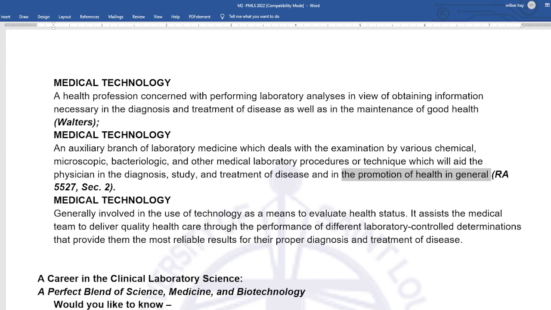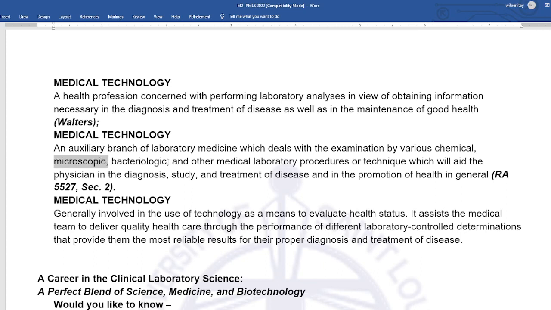But the definition of medical technology under Republic Act 5527 or the Medical Technology Act of 1969 specifies that we conduct examination using various chemical procedures because we use different reagents. Okay, we also use the microscope.